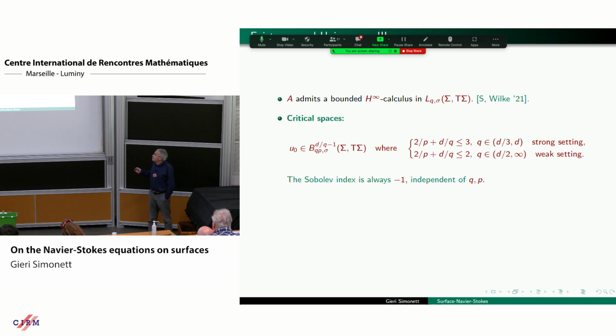Now, what does it mean in some situations, if you are on a two-dimensional surface or three-dimensional surface, and you would rather want to look at the case where you choose p and q to be 2 simultaneously? You see here in this weak setting, you are allowed to take p to be 2, then you get a 1 here.